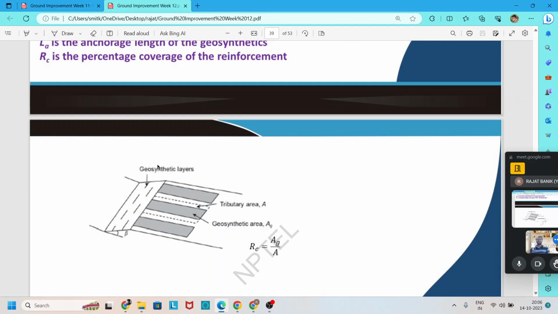I am discussing all of the ground improvement methods, and if needed, any two or three problems we will also discuss based on your assignment, and also based on your exam purpose. I think this course is very easy to understand and also very easy to score in the exam, and nothing is too hard in this course.